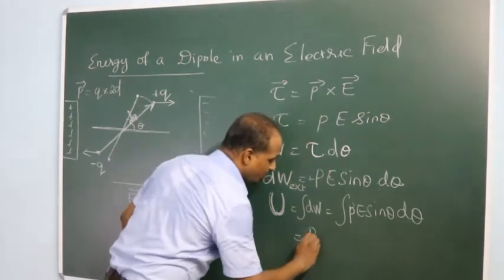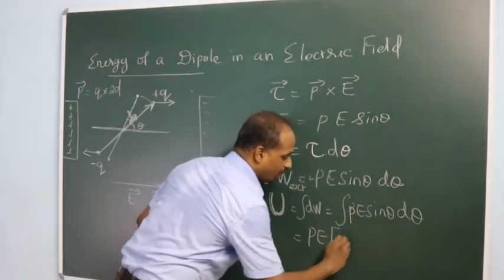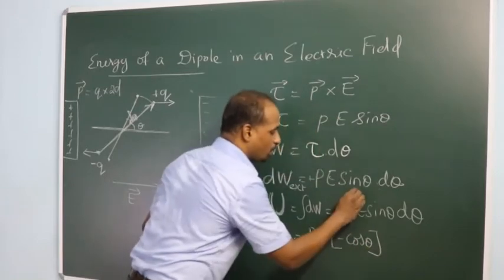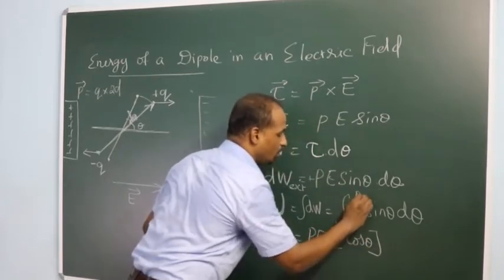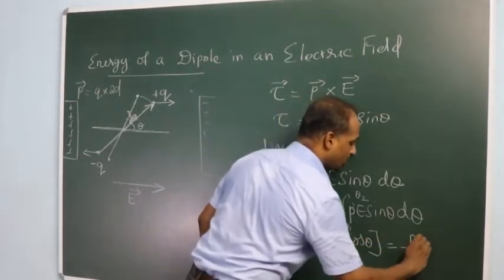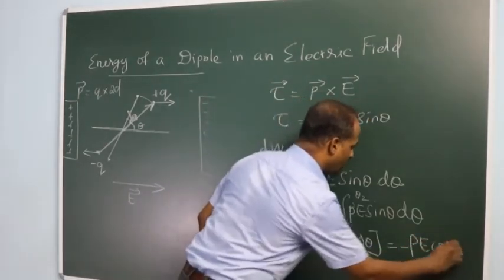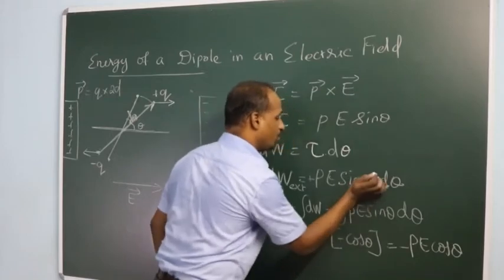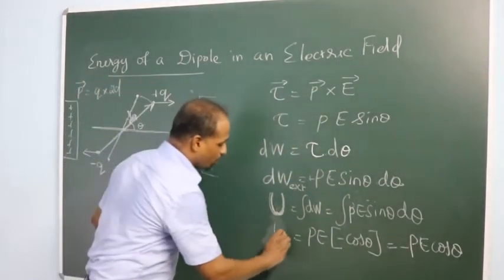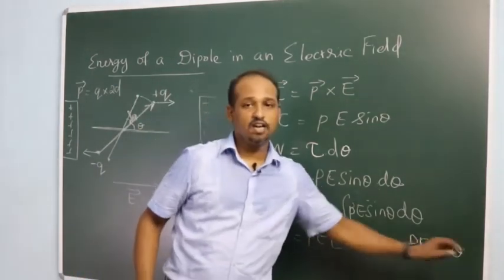When you integrate sin theta you get minus cos theta, from theta 1 to theta 2. So the energy of a dipole is minus PE cos theta.